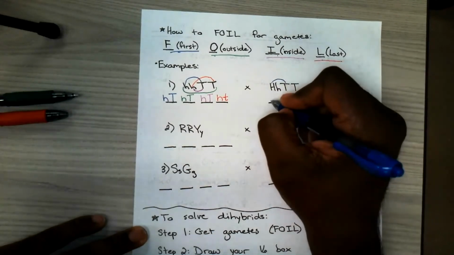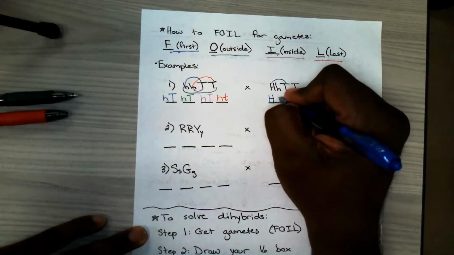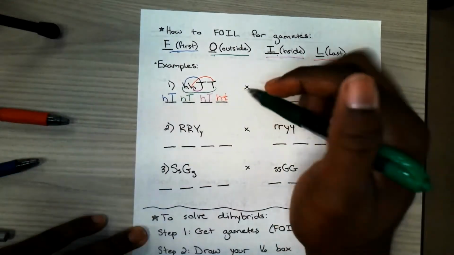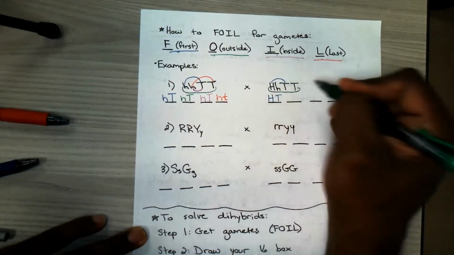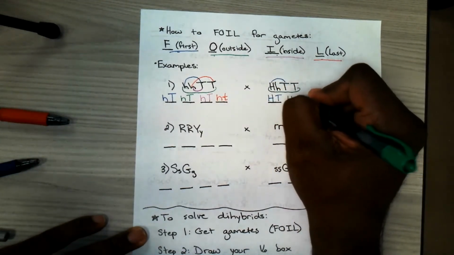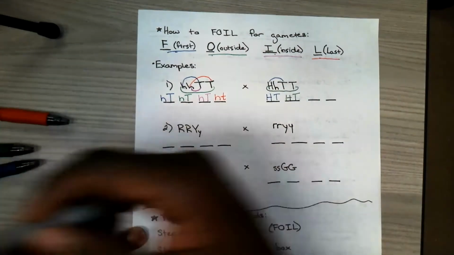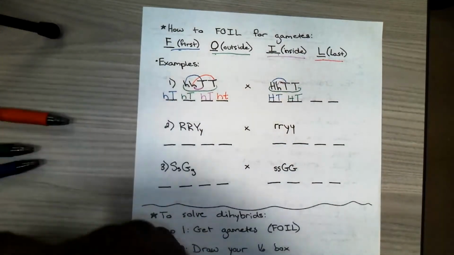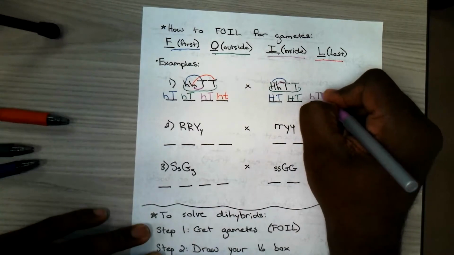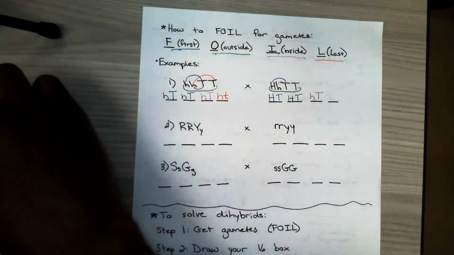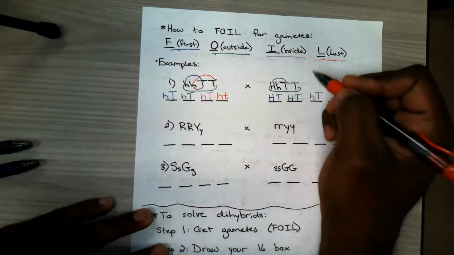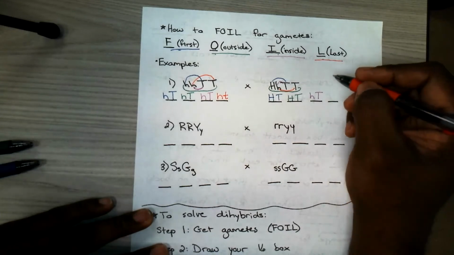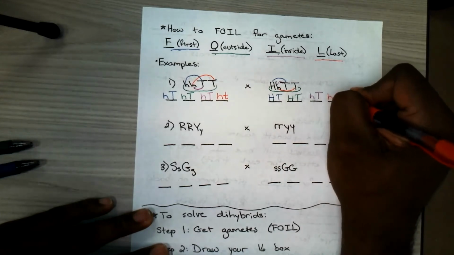So here, I get big H, big T. Green for outside, here, big H, big T. Pink for inside, little h, big T. And then red for last. These are our two last. Here, we're going to have little h, big T.